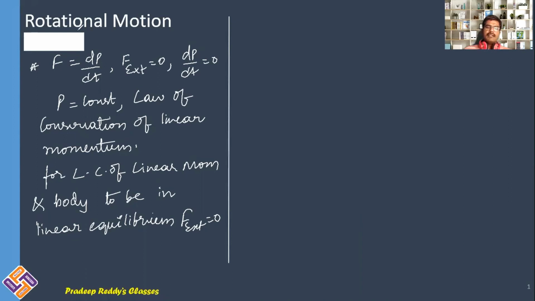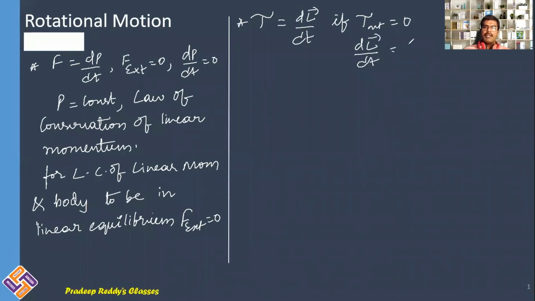Now let us relate torque and angular momentum likewise. Instead of F, you write torque tau, which is equal to dL bar by dt. Just now we have derived this. If net torque is equal to 0, it means that dL bar by dt is equal to 0, so L bar is equal to constant.